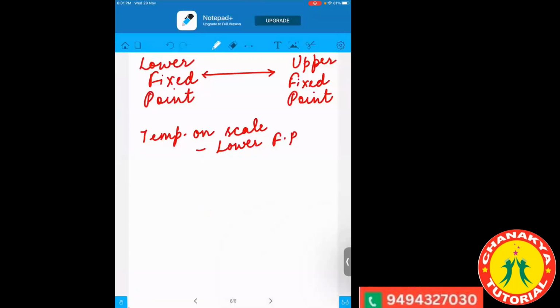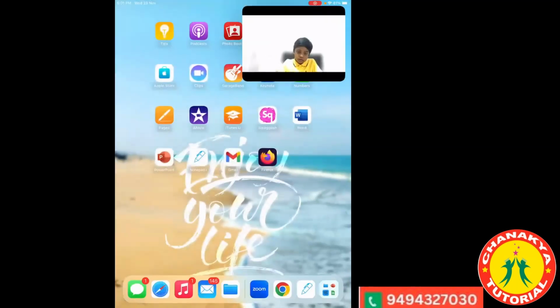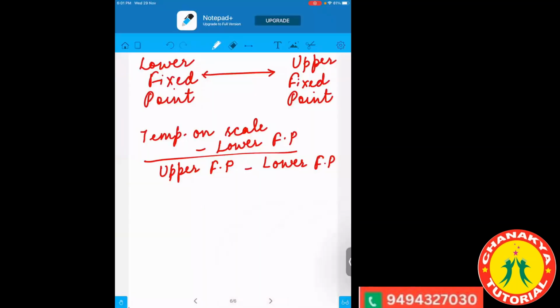Temperature on scale minus lower fixed point, divided by upper fixed point minus lower fixed point. So this is the formula for finding it out.